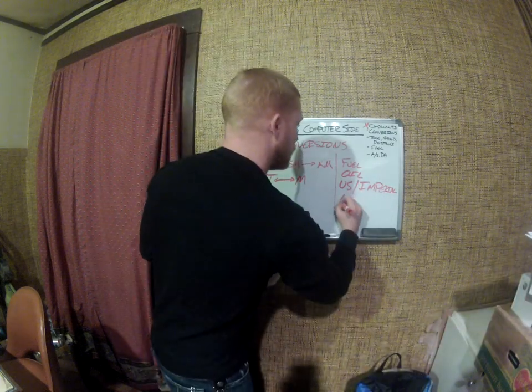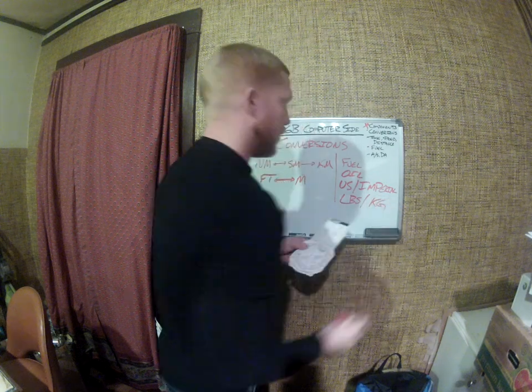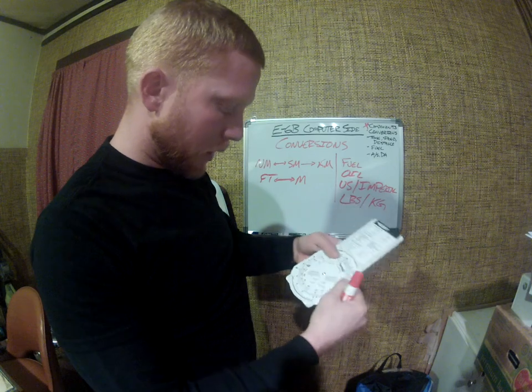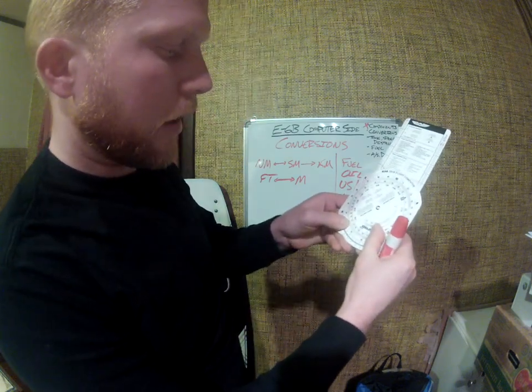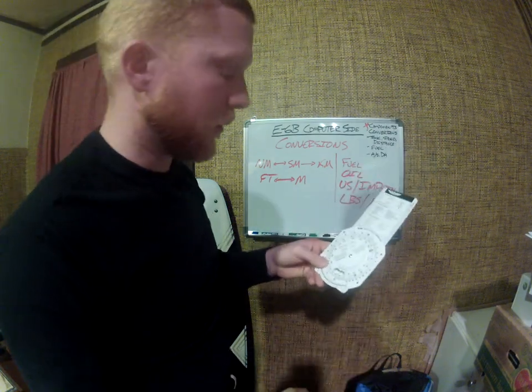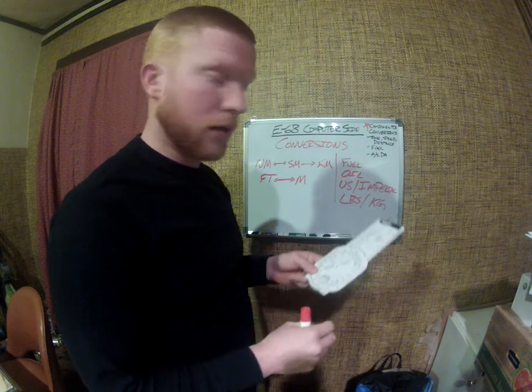We can do pounds to kilograms. You have kilograms on the B scale and pounds on the A scale. All you're going to do is line those two arrows up, and now your whole scale is converted, and just read across. Pounds on the A scale, kilograms on the inner B scale.